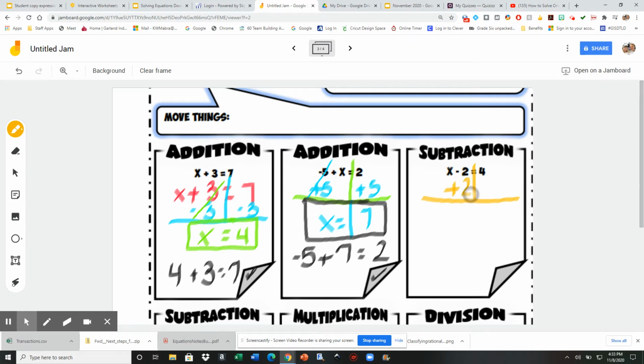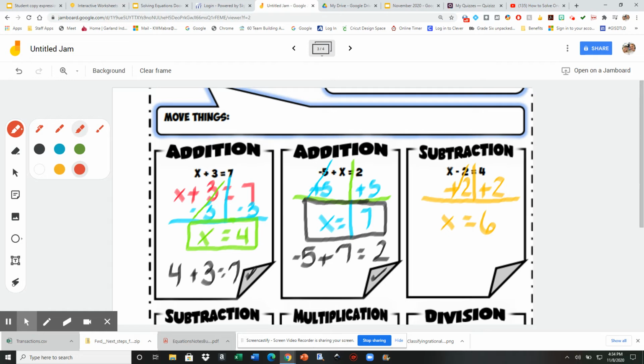So I'm going to add plus 2 to both sides. And so this will cancel out, leaving me that 0 pair I'm looking for. And 4 plus 2 is going to give me 6. So this tells me that my value of x is 6.